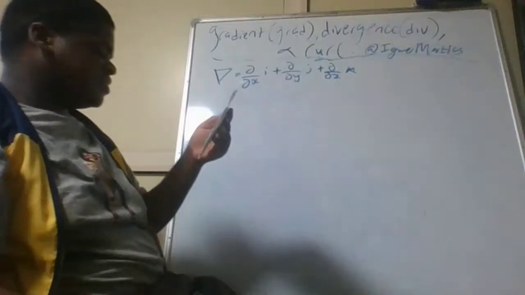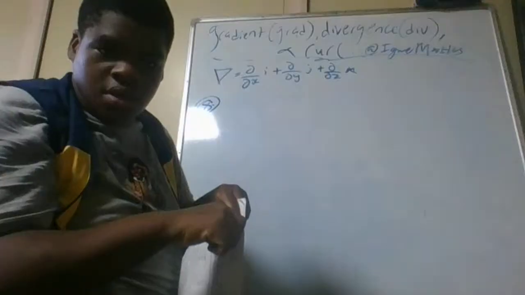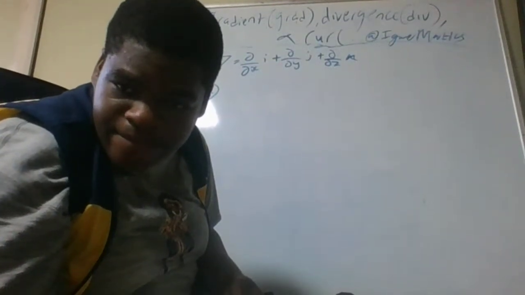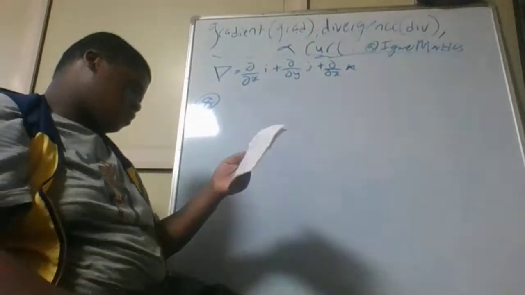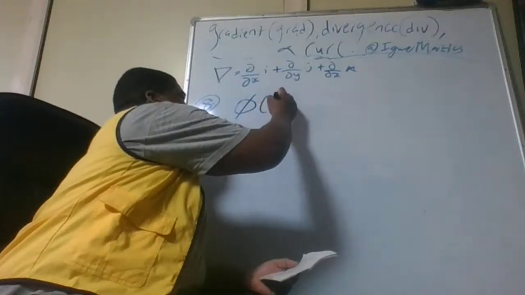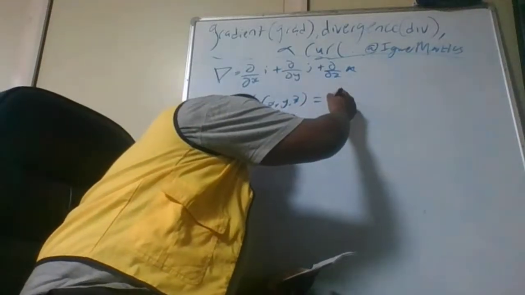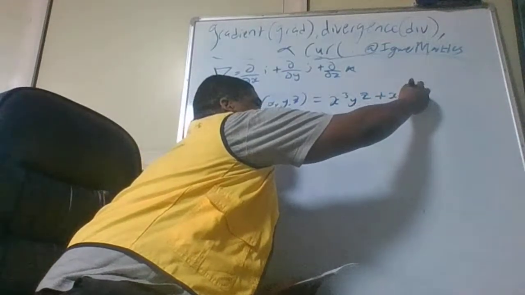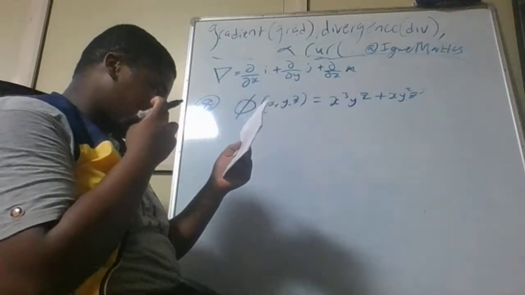Question 8. We have the scalar field phi of x, y, z equal to x cubed y z plus x y squared z cubed.